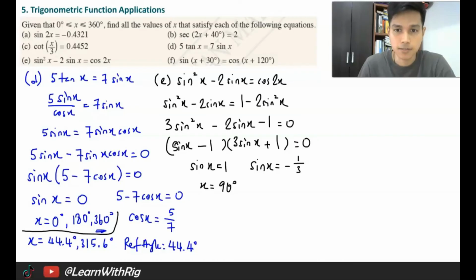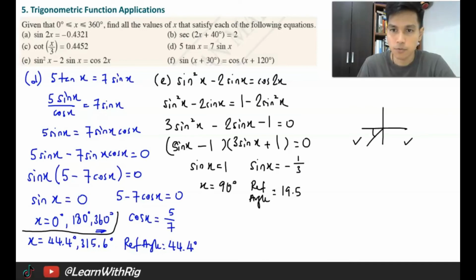Okay, next, sine x equals to negative 1 over 3. So the reference angle for this is 19.5. Now again, sine negative quadrant is third and fourth. So that means in this quadrant here, it will be 180 plus 19.5, and here would be 360 minus 19.5.